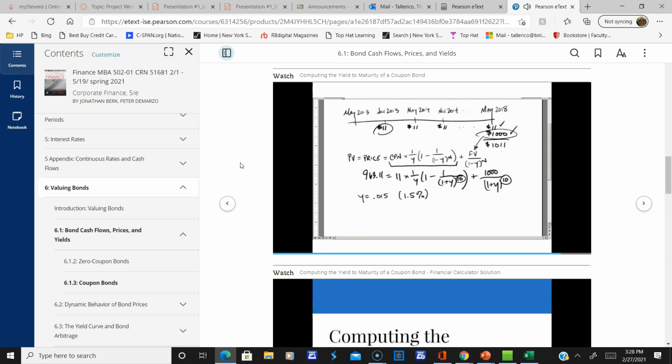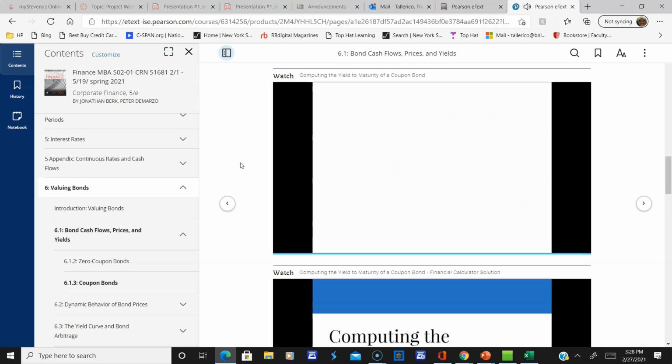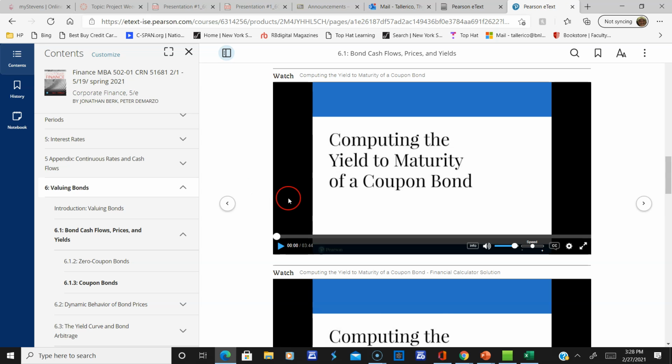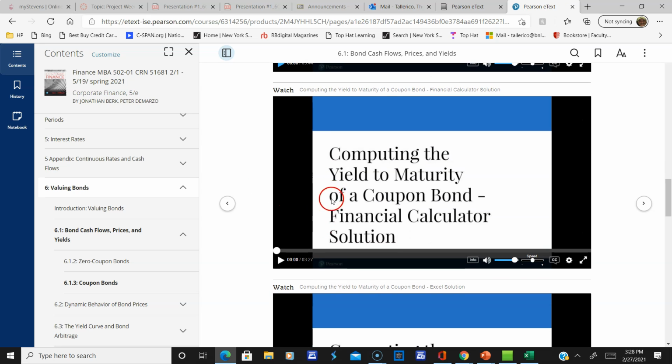So to express it the way rates are expressed in the bond market as APRs, we just have to double that. So that implies an APR of 3% semi-annually compounded. Okay, so there's another one here, and they use the financial calculator.